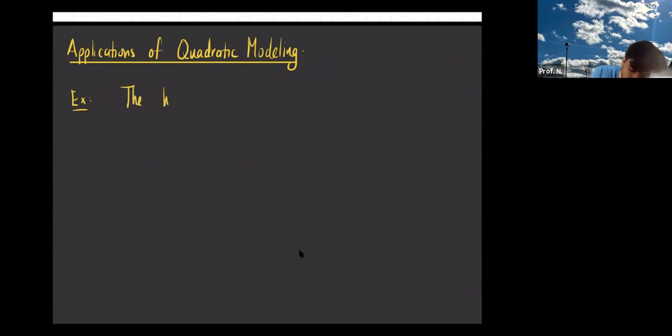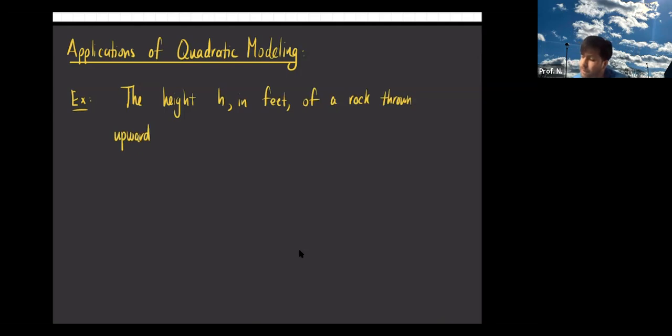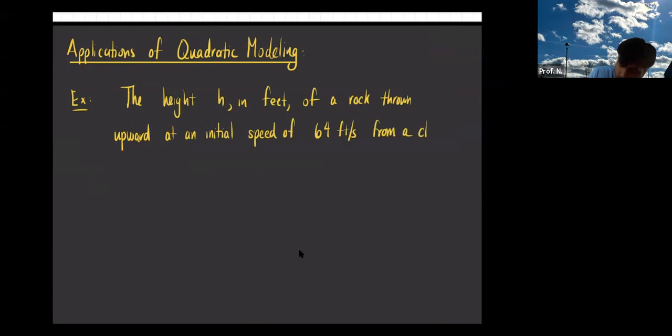The height h in feet of a rock thrown upward at an initial speed of 64 feet per second from a cliff 50 feet above an ocean beach.